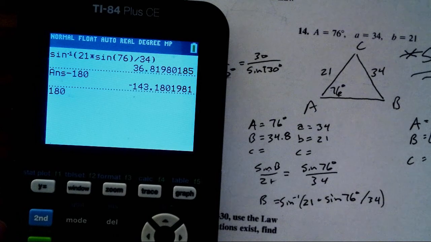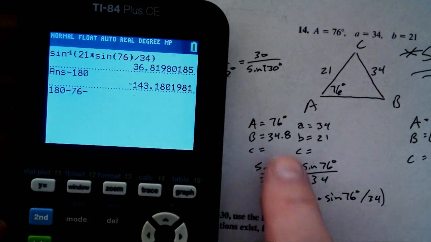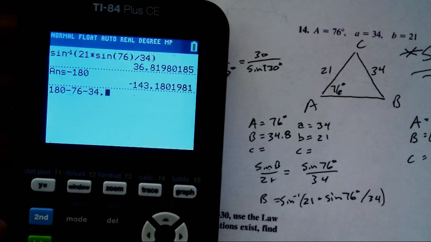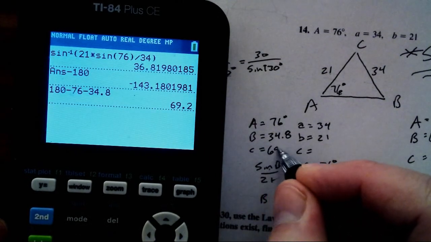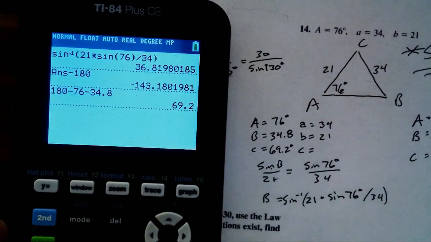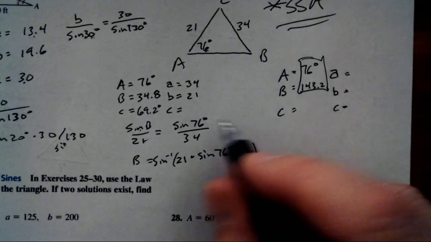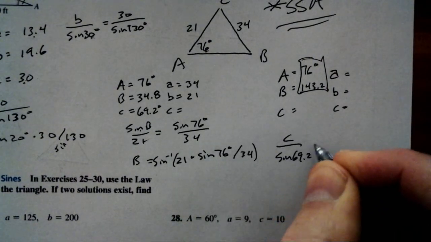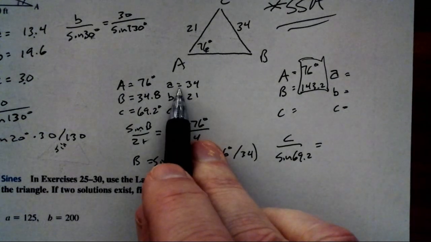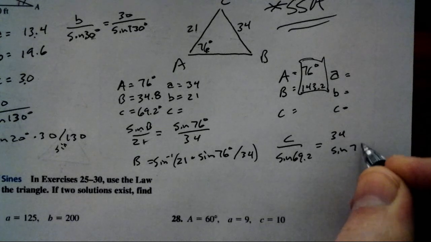So I'm going to go 180 degrees minus A, 76 degrees, minus B, 34.8 degrees. Enter, and angle C is 69.2 degrees. So side C, my unknown, C on sine of 69.2 equals A, 34 on sine of 76 degrees.